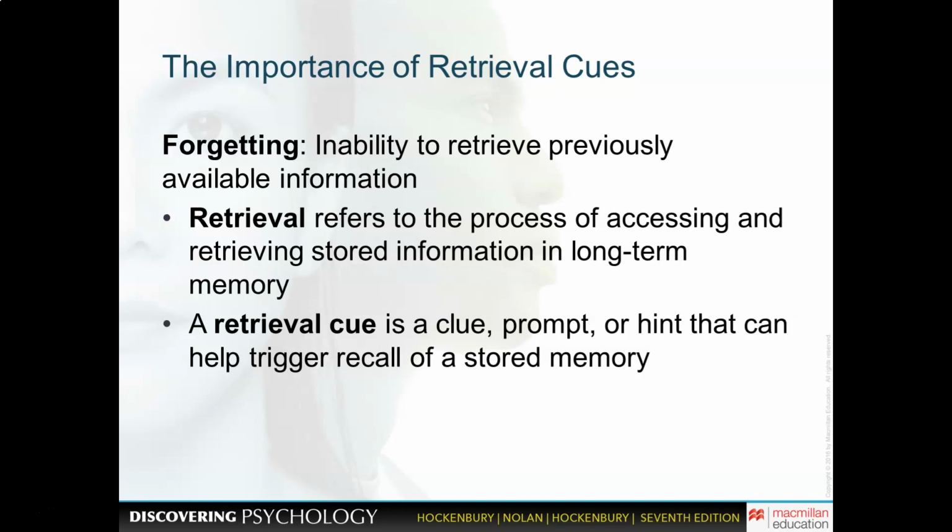Okay, and one thing that helps us to remember, and I'll use that term very loosely, is what's known as retrieval cues. A retrieval cue can be anything. That can be a quick note that one jots to oneself. Have you ever seen someone tie a string around their finger or snap a rubber band around their wrist to remember something?